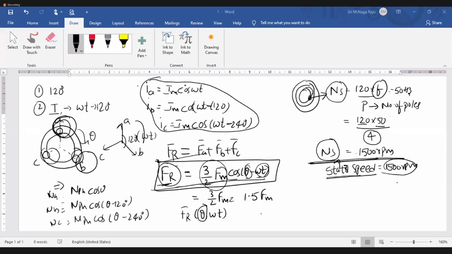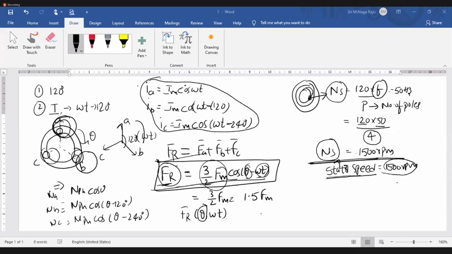N is the speed of the rotor. Ns is the speed of the stator flux, or simply we can say stator speed.